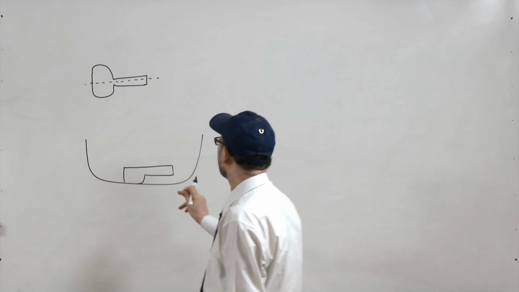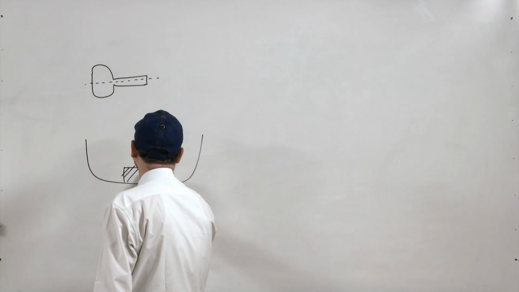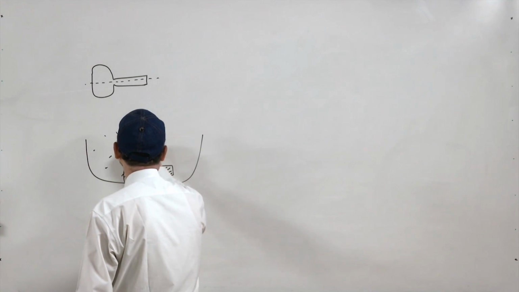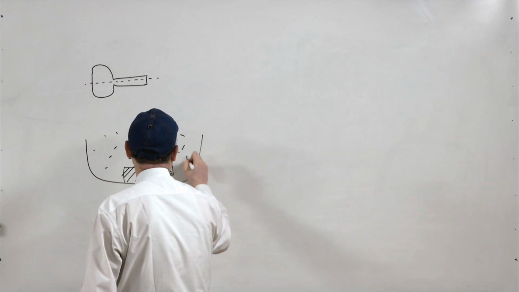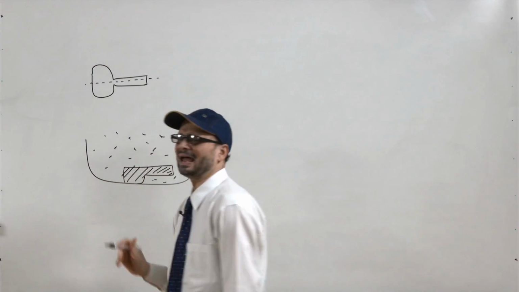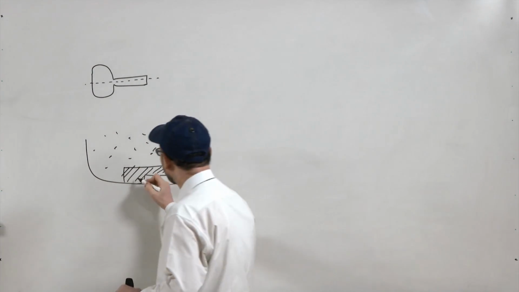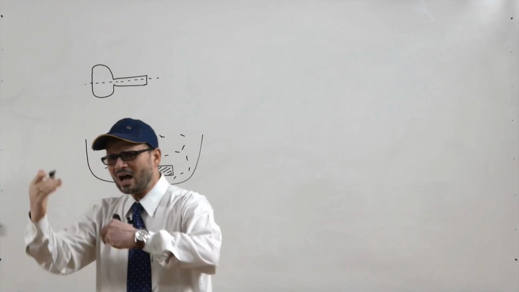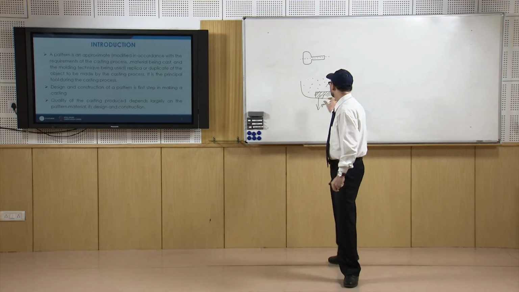This is being put, and this portion and all other places will be sand. This way you will have some cavity created when you take this out. When you take this out, that gives you a certain cavity.